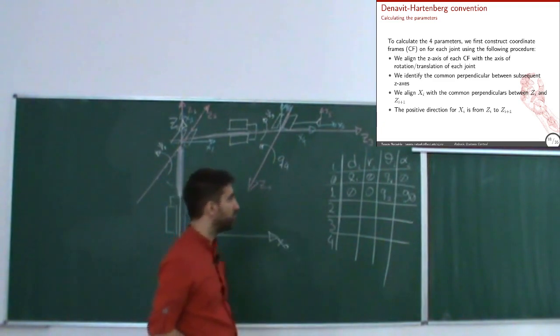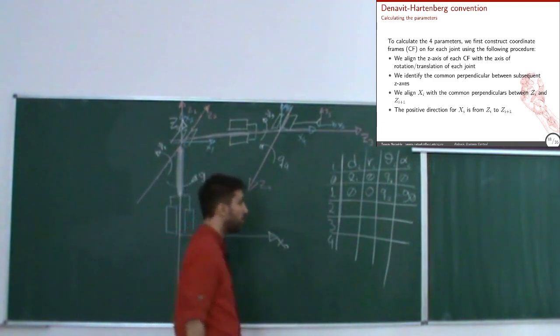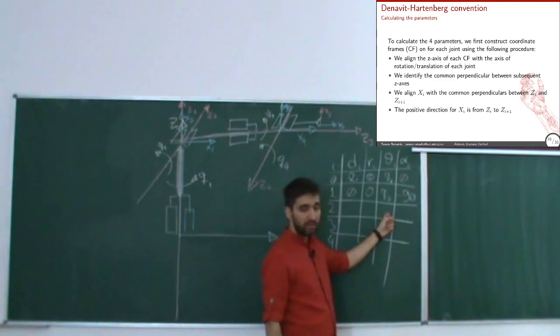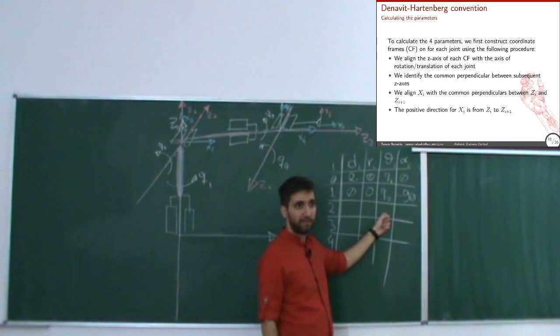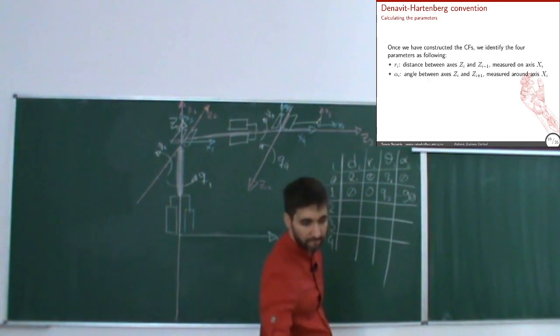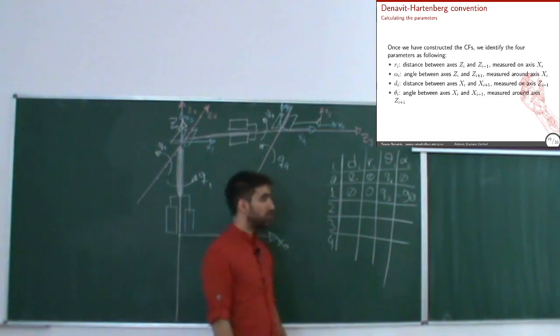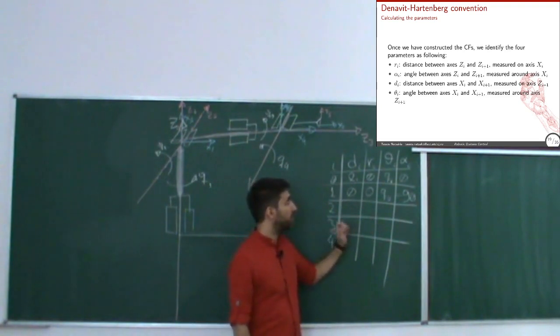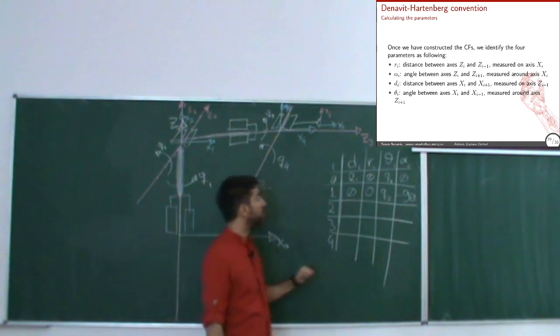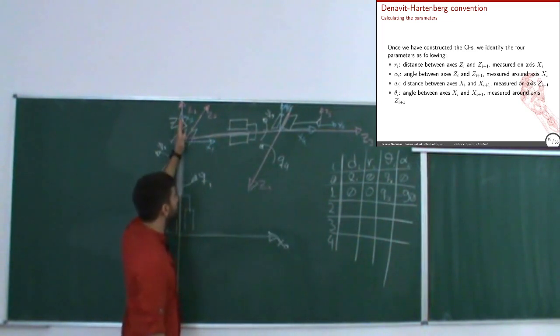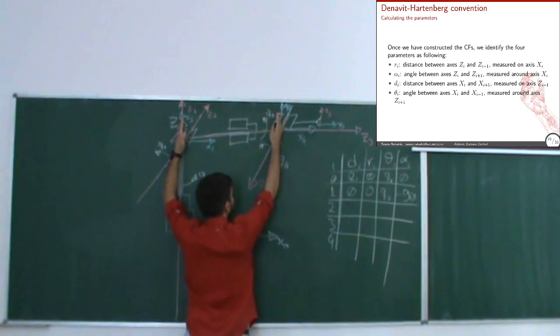Third joint. Let's start the inverse. What should be theta 3, theta 2? Theta 2 should be x2 and x3 around z3.